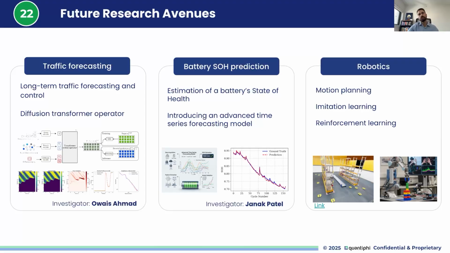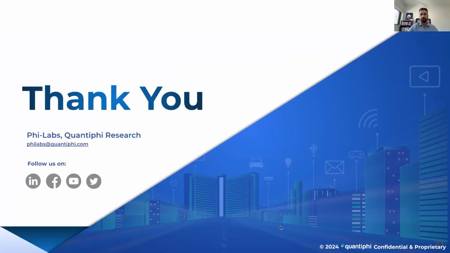For battery state of health prediction, we have developed a new transformer model for advanced time series forecasting. And on robotics, we are actively exploring 3 topics: motion planning, imitation learning, and reinforcement learning. And by that, I thank you and look forward to your questions.